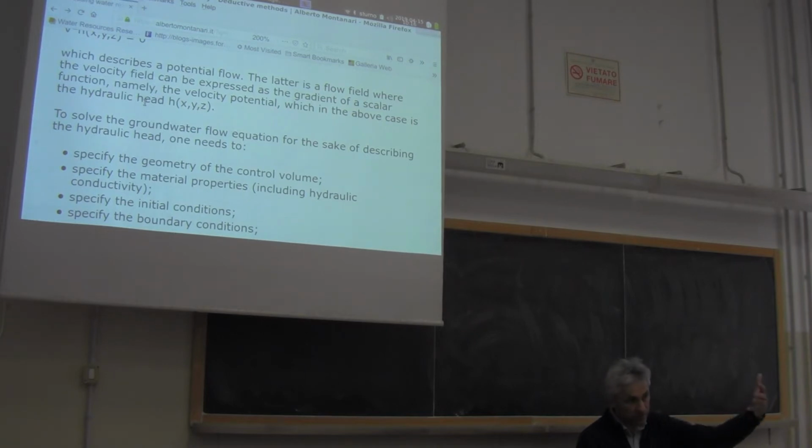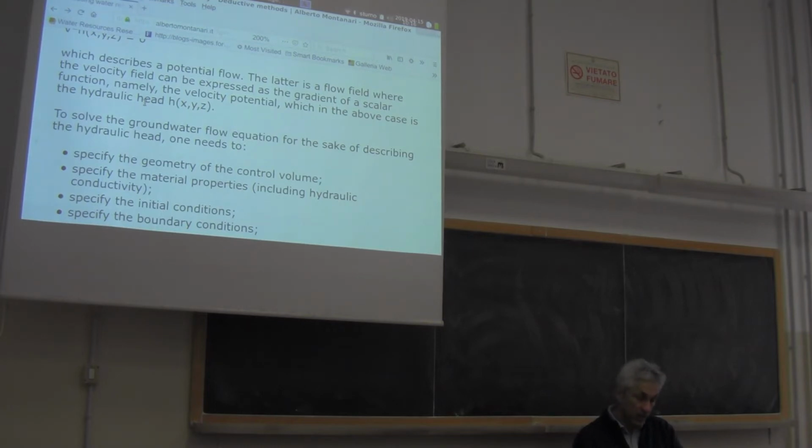High conductivity means higher velocity. So you may have portions of the aquifer where you have a high hydraulic conductivity, and then as you move in space, you may have zones where the hydraulic conductivity is suddenly reduced. And this heterogeneity needs to be described.